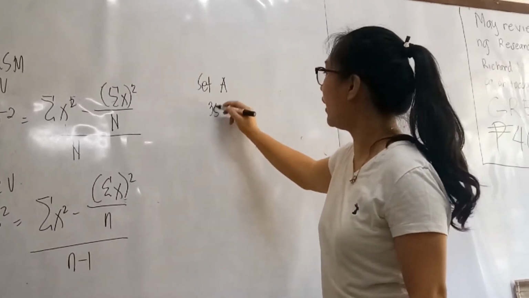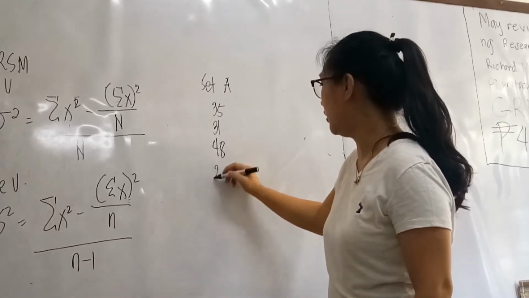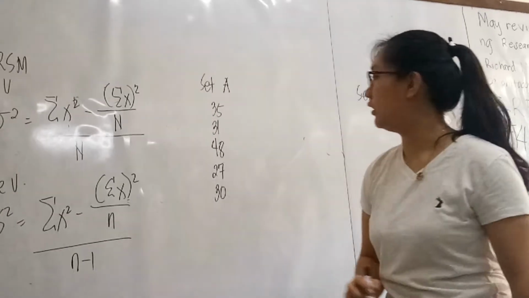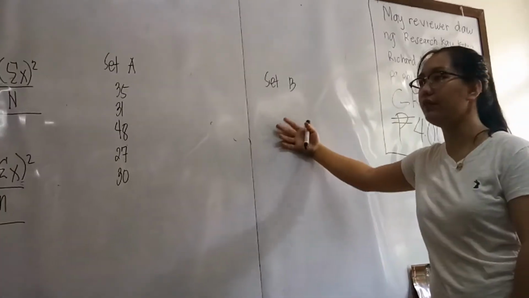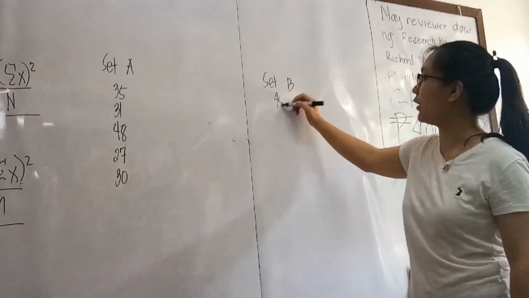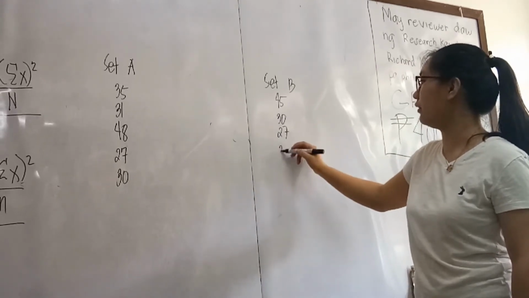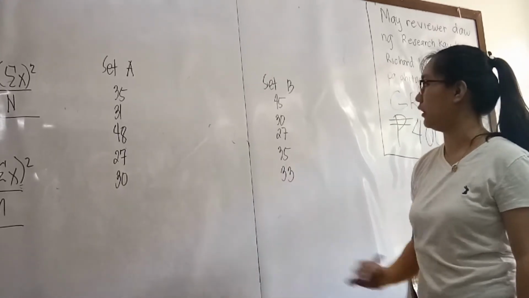Someone got 35, 31, 48, 27, and then 30 on your set A. Same, we have over 50 again. We have 45, 30, 27, 35, and then let's have 33.